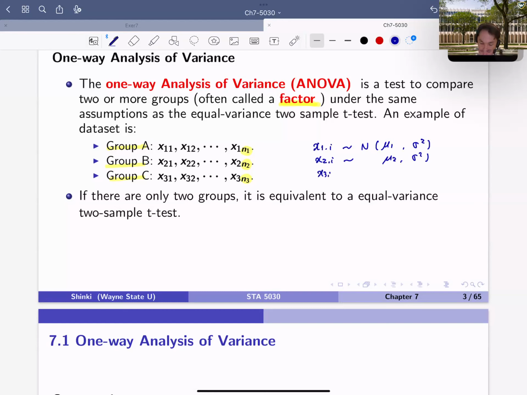And x3i follows the normal with the same variance. Maybe the mean is different, but we assume the same variance. If we have two groups, that is exactly the assumption for the two-sample equal variance t-test. But if we have more than two groups, we have to generalize it.